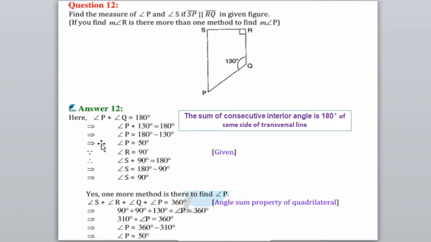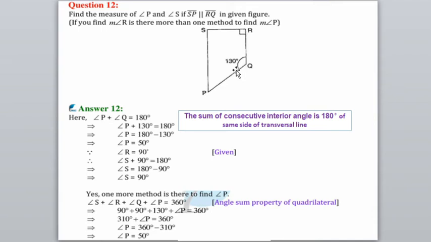So here angle P plus angle Q equals 180 degrees. Why? Because see, these two lines are cutting this line, that is PQ, and if these two lines are cutting the PQ, it means PQ is the transversal line, and these two are the interior angles of the transversal line, means angle P and angle Q both are at the one side of the transversal line, and if they are at the one side of the transversal line, then their measure will be 180 degrees.